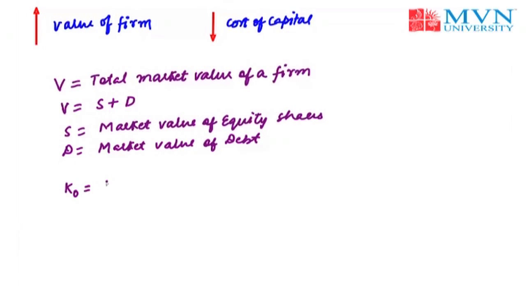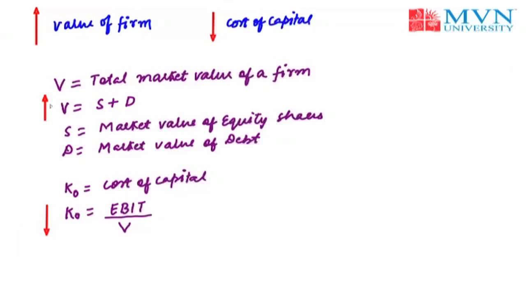And the formula to calculate the cost of capital is earning before interest and tax, that is EBIT, divided by the value of firm, which is denoted by the symbol V. And I have told you that whenever the cost of capital decreases, that is whenever the KO decreases, the market value, that is V, should increase.